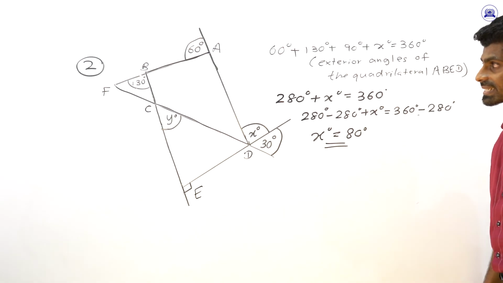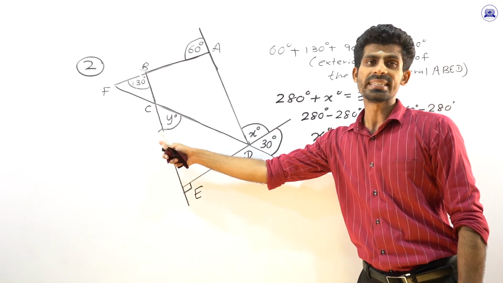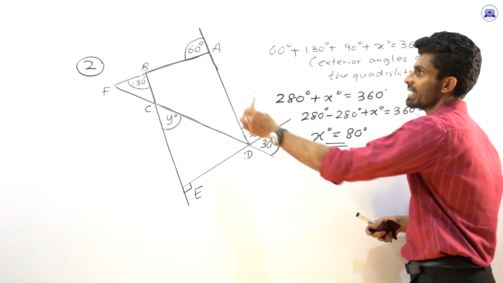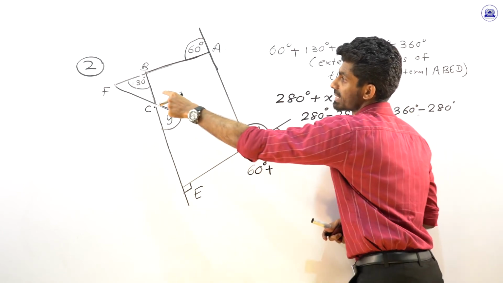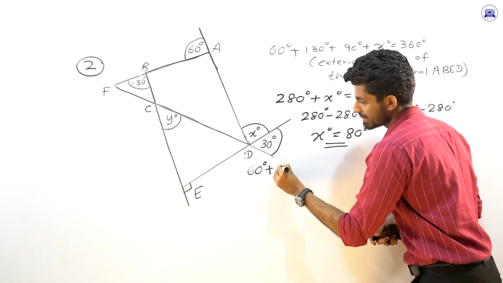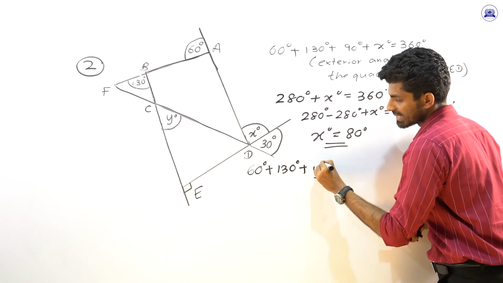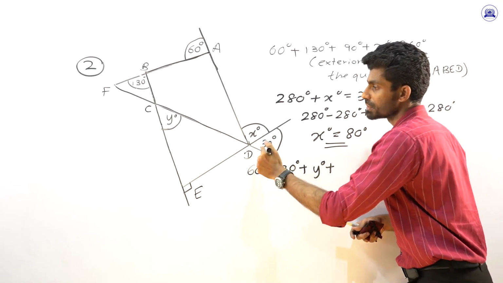So we can consider the quadrilateral A, B, C, D, right? Let's take 60 plus 130 plus y plus... what to do with this one?